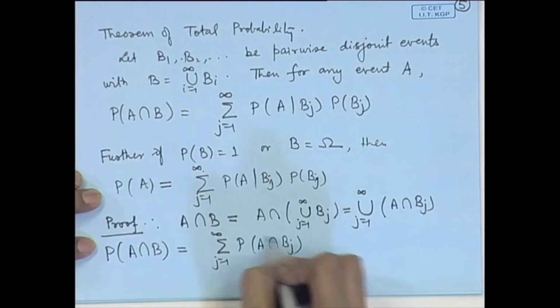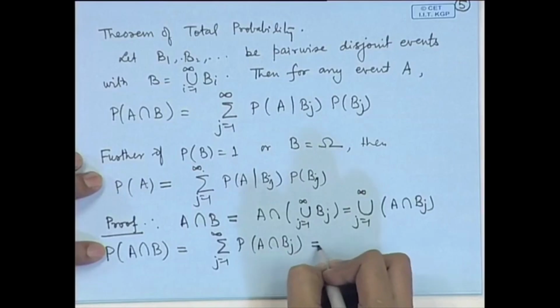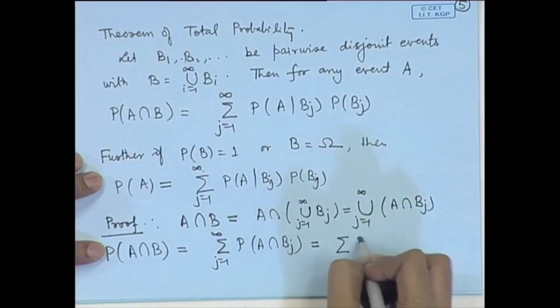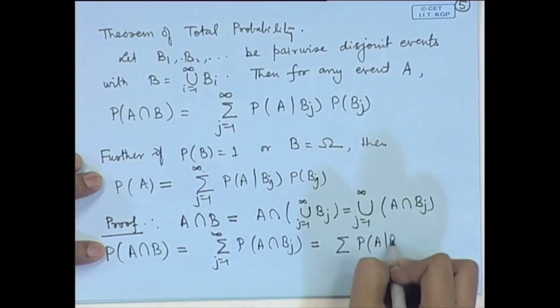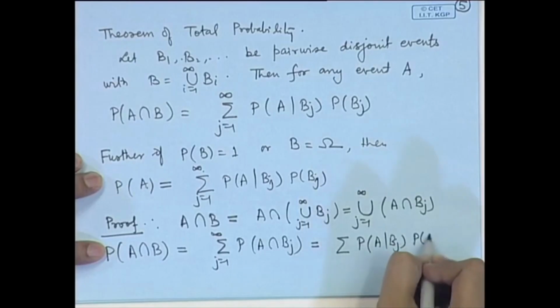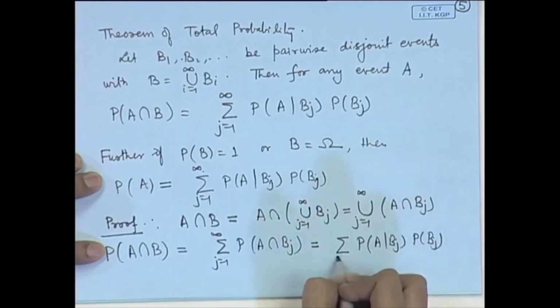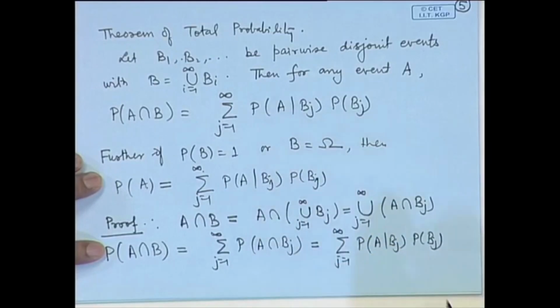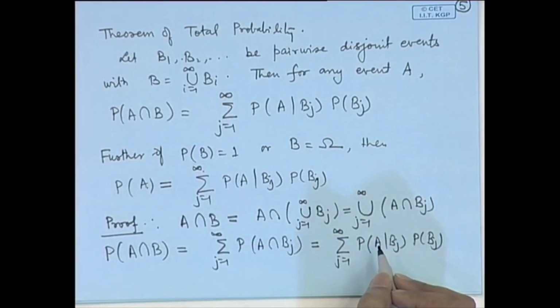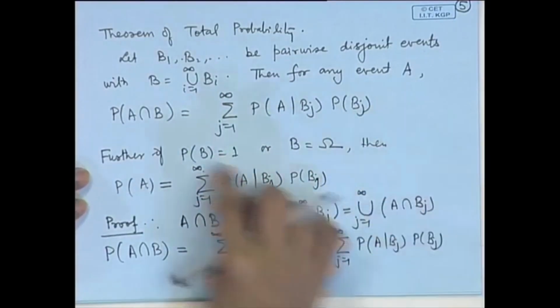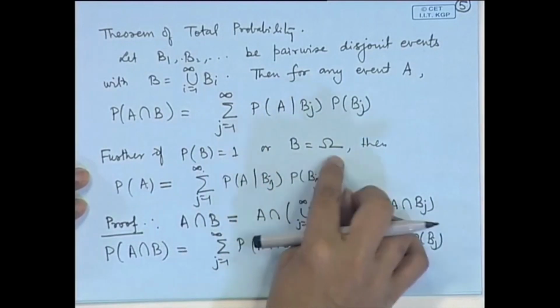Now, by applying the multiplication rule on this simultaneous probability, this becomes probability of A given Bj into probability of Bj, which is actually the statement of the theorem of total probability. Now, we look at the case where probability of B is 1 or B is omega.